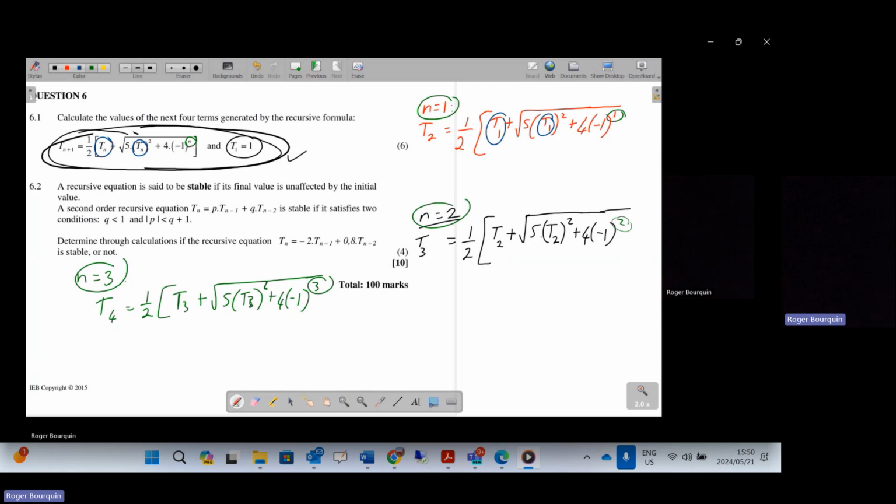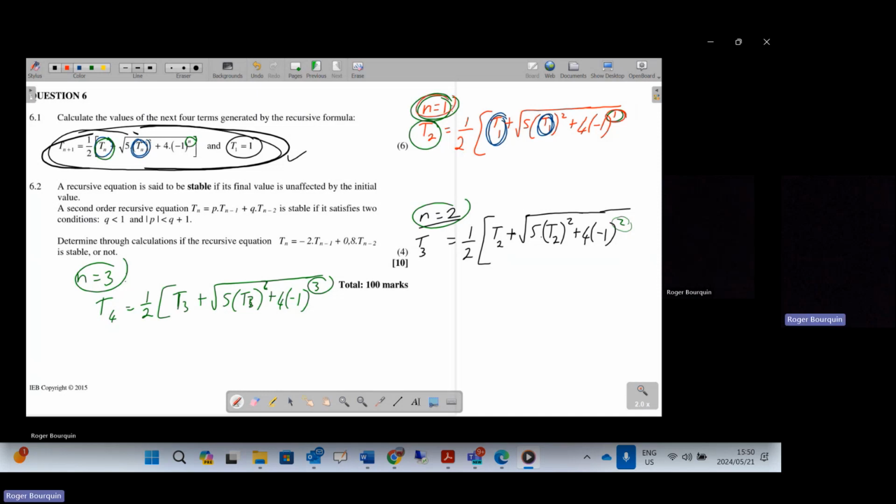Okay, so replace n with 1, and we get term 2 is equal to a half term 1 plus the square root of 5 term 1 squared plus 4 times negative 1 to the n, replacing every n with 1. Now we've just got to replace term 1 with its value, which is 1.